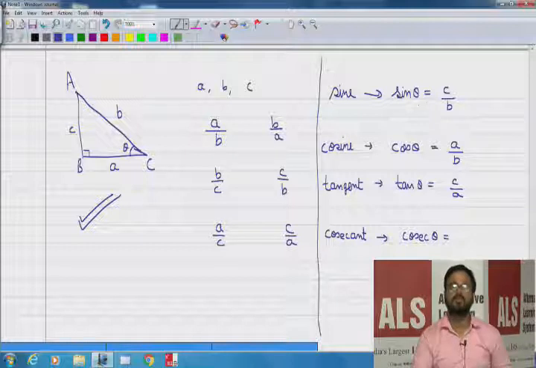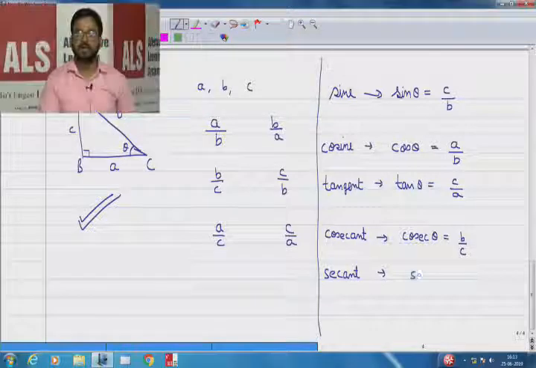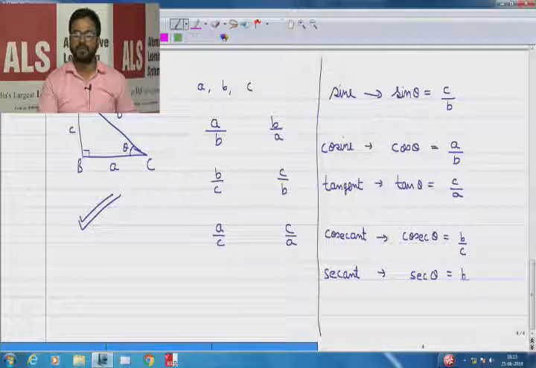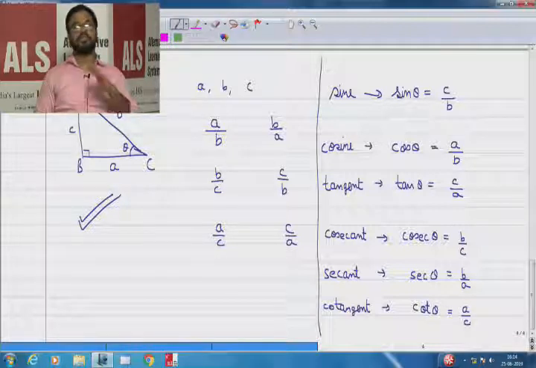Sine is C upon B, so this will become B upon C. Similarly, the reciprocal of cosine is secant, denoted as sec, and the reciprocal of A upon B is B upon A. And the last one, the reciprocal of tangent is cotangent, and the short form is cot theta. Tangent is C upon A, so it will be A upon C. So these are the 6 trigonometric ratios.